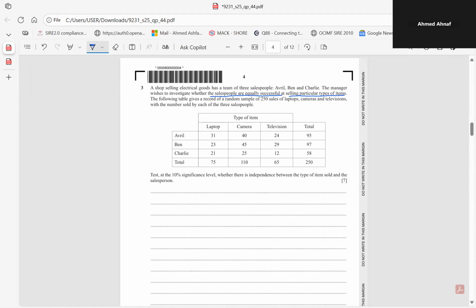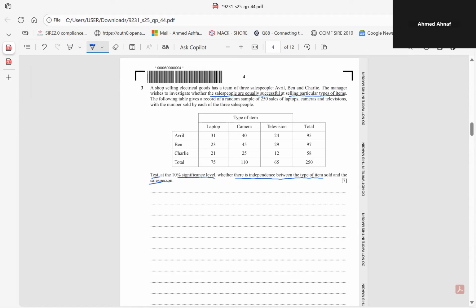The following table gives a record of a random sample of 250 sales in laptops, cameras, and TVs, with the numbers sold by each of the three salespeople. We have to test at the 10% significance level whether there is independence between the type of item sold and the salesperson.